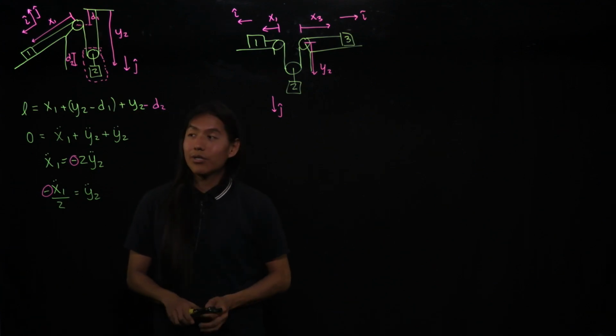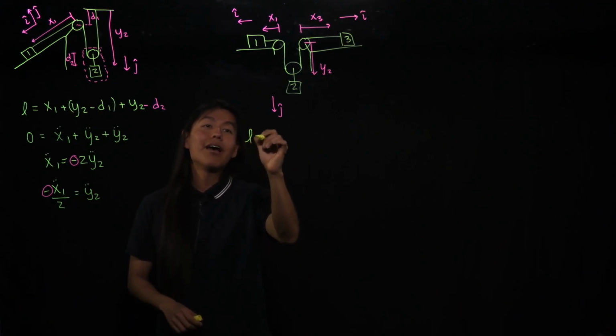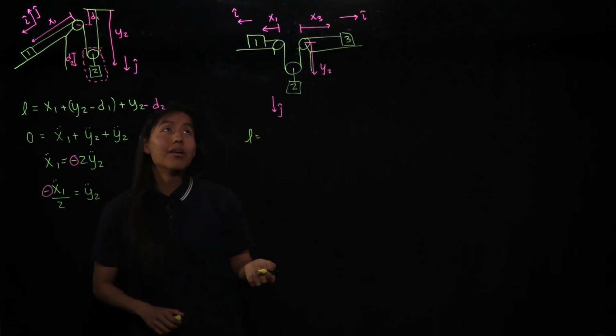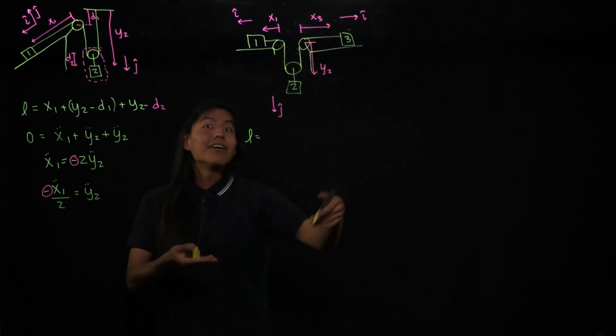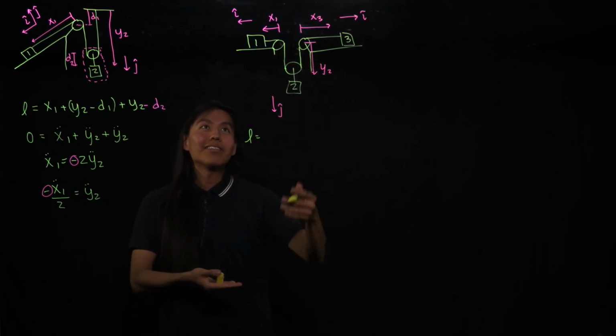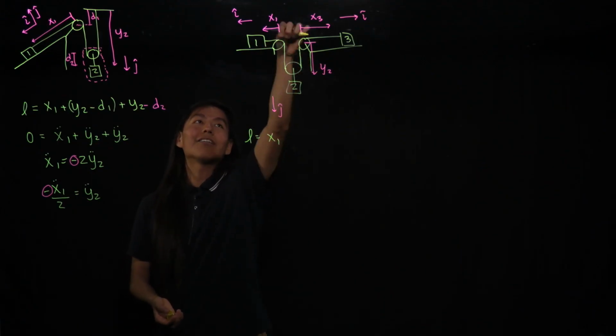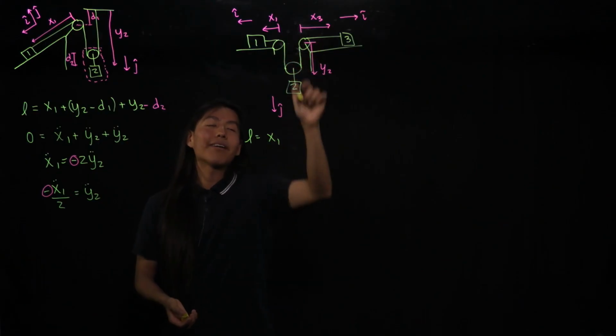So let's talk about this particular constraint equation. Again, the name of the game, I want an expression for the length of the rope. I've done my measuring to make this a very painless process. In this case, that segment of rope is x1. I go down to the pulley and then I go back up.